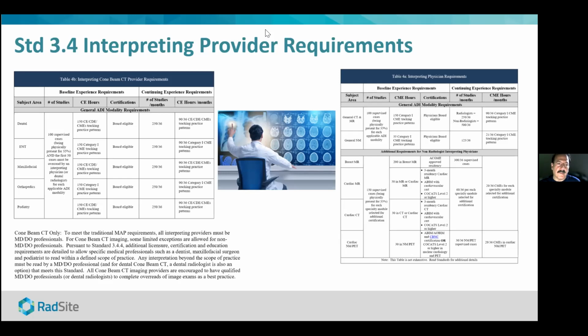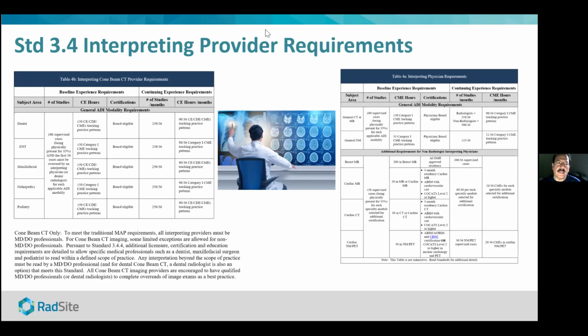So we believe, and I know our dental experts believe, that having those 50 first cases overread by an interpreting physician, and then an additional 50 for a total of 100, really is probably the minimum that would be required.